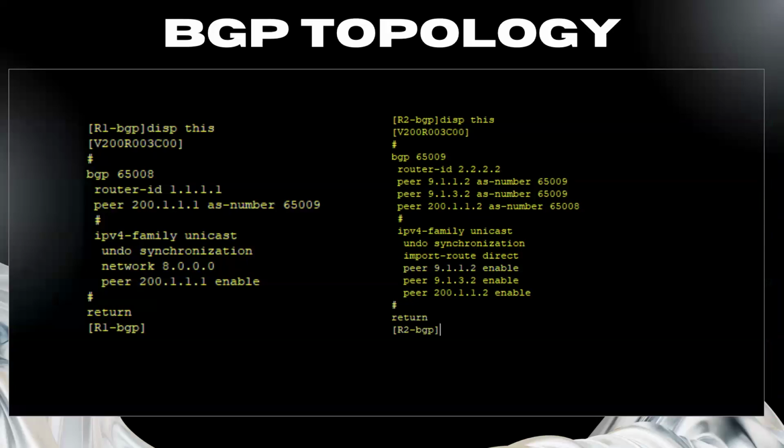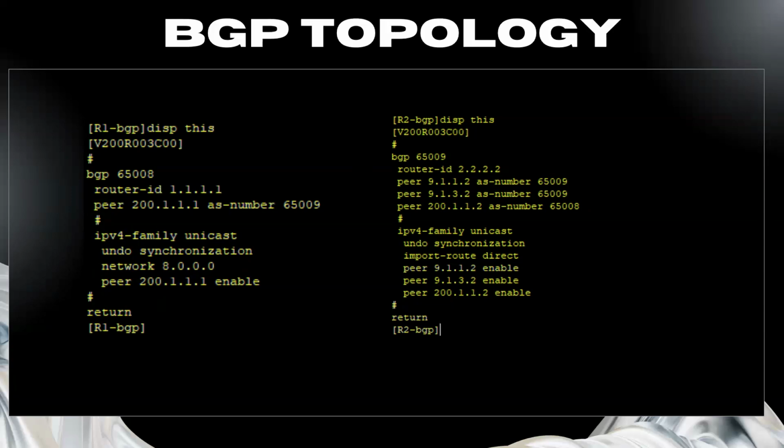All right, so this is the configuration for the BGP. I will only talk about router 1 and router 2. So this router 1 is running BGP with its AS number of 65008 and the router ID of 1.1.1.1. We have a peer to 200.1.1.1, AS number 65009, which is the BGP for R2.